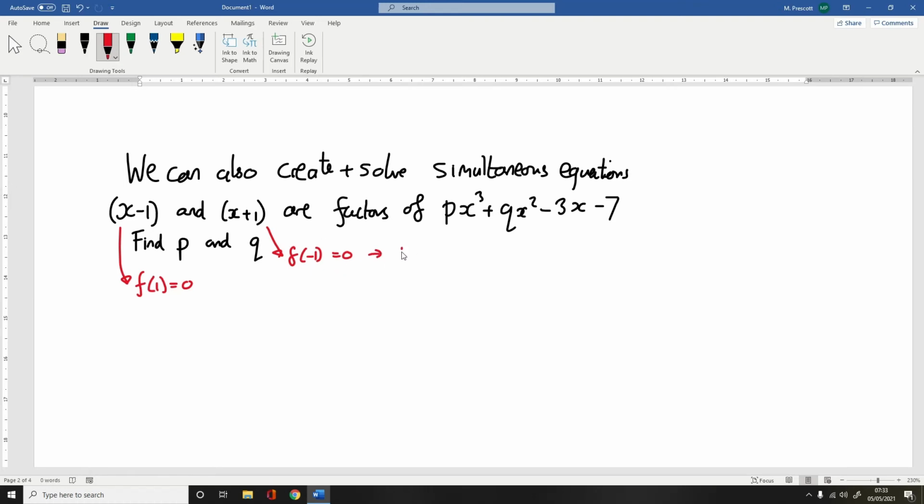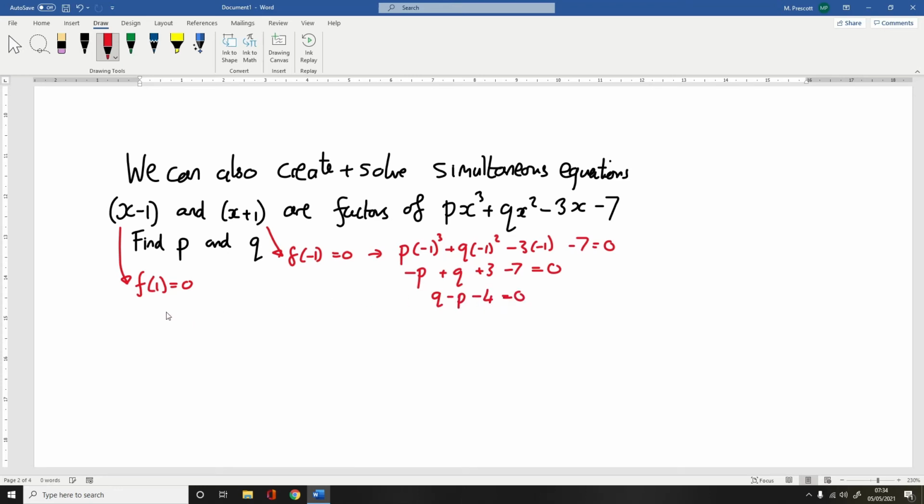First one will tell us that p of minus 1 cubed, so just minus 1, plus q of minus 1 squared, minus 3 lots of minus 1 minus 7 equals 0. So if we simplify that, we'll get minus p plus q plus 3 minus 7 is 0, or q minus p minus 4.